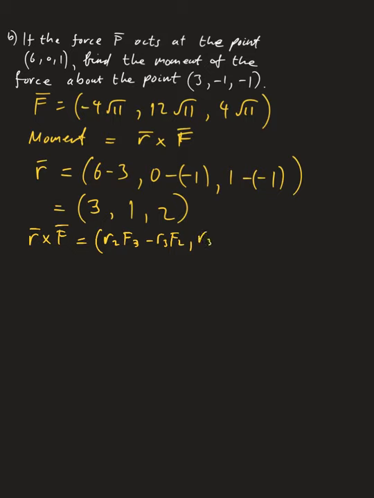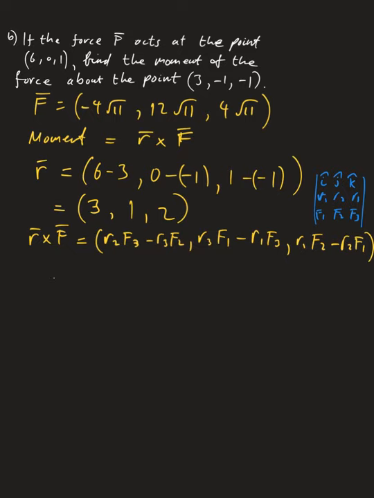Then it's r3 f1 minus r1 f3, and then r1 f2 minus r2 f1. One way to remember this is that it's the determinant of this matrix. If I put i, j, k up top, and then r1, r2, r3, f1, f2, f3, and expand that determinant along the first row, you'll get that formula.